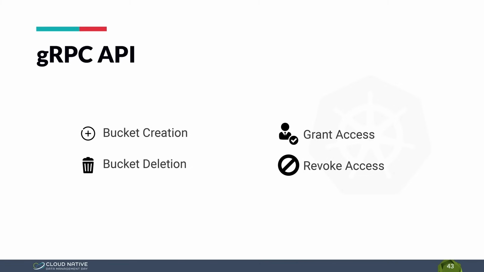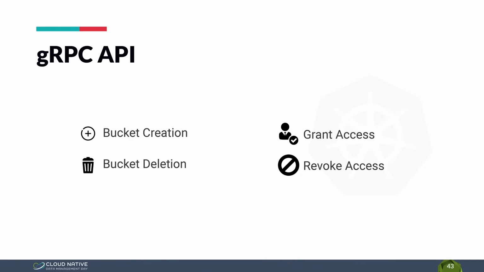The 4 APIs that any software, if it supports this gRPC spec, can call itself a COSI driver. So the first one is bucket creation. Bucket creation, as the name says, is very simple. It's just creating a bucket. The second one is bucket deletion. Bucket deletion would just go and delete the bucket.